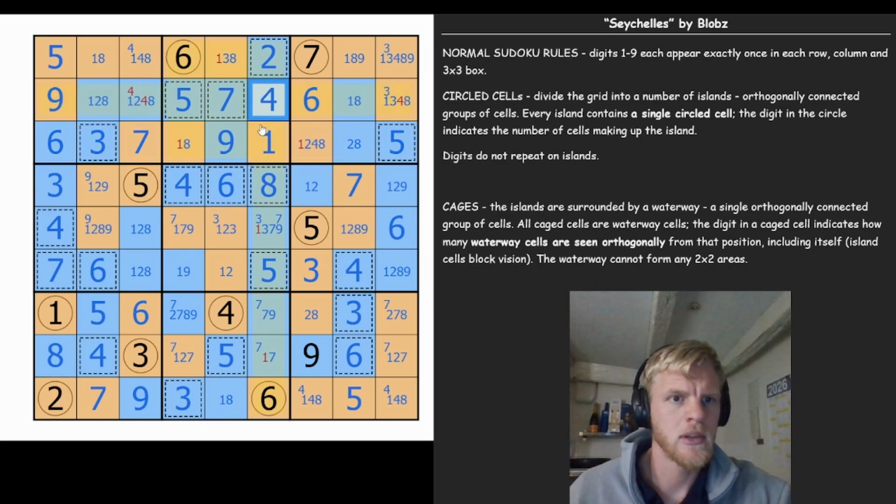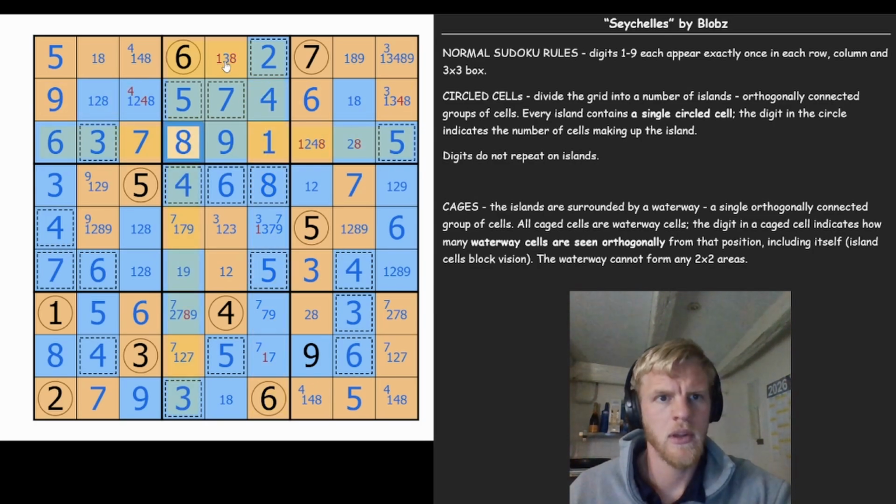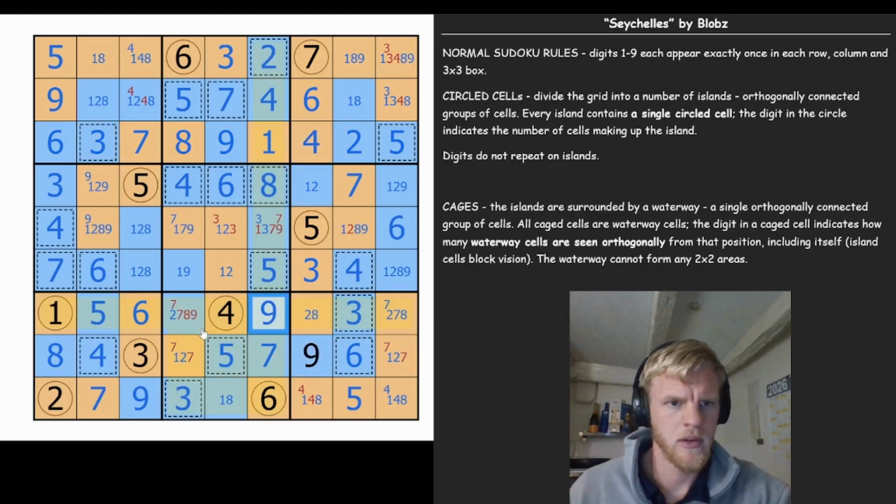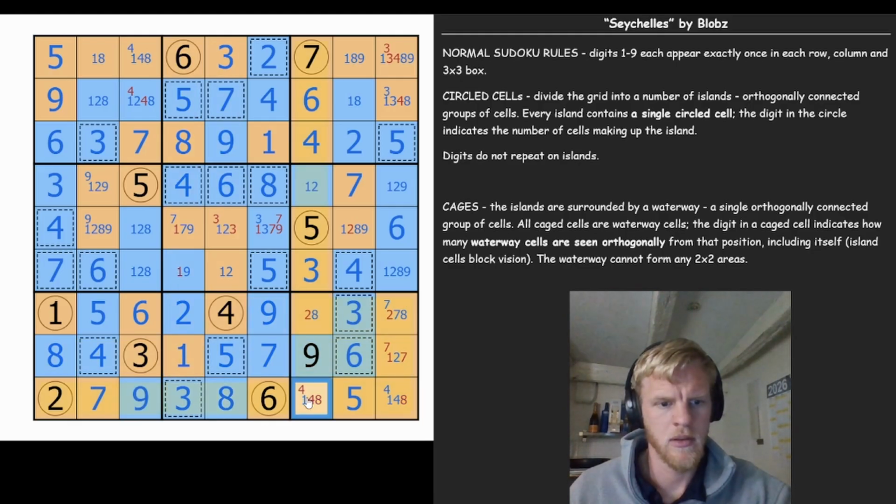This is a 4. 8, 3, 2, 4. Now all the pencil markings help us solve this. Hopefully not only quick, but also correct.